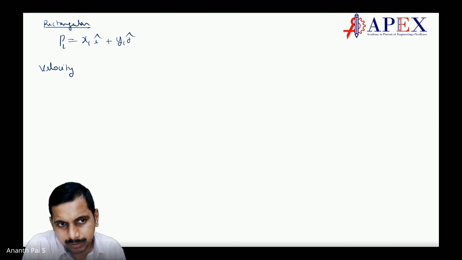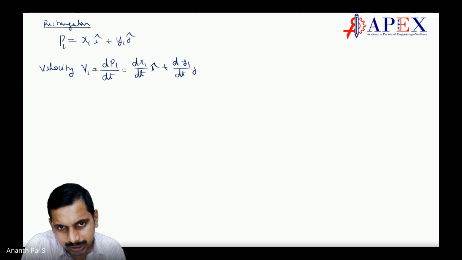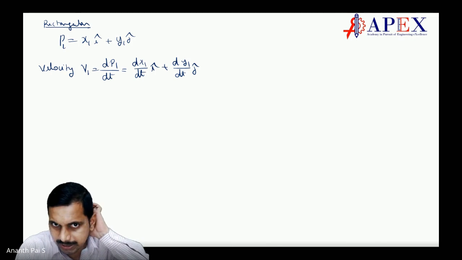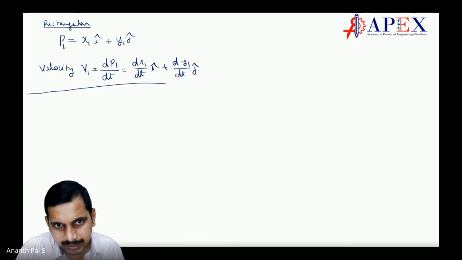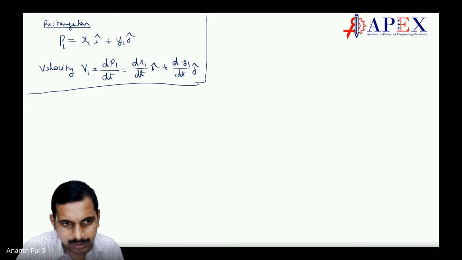Velocity is simple. V1 is equal to dP1 by dt, which is equal to dx1 by dt i plus dy1 by dt j. Makes sense? So this is rectangular. Let us keep it here. Now let us take polar coordinates.